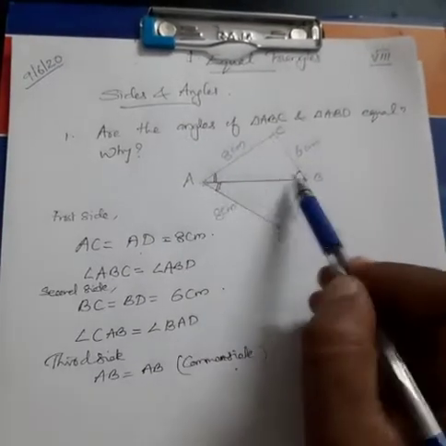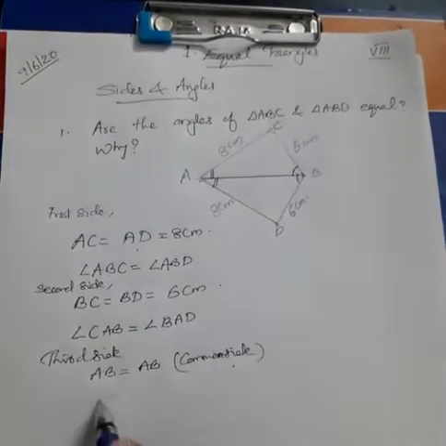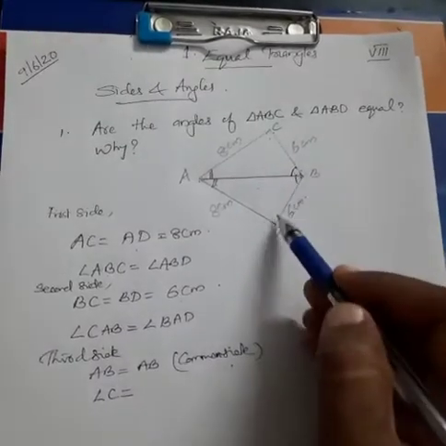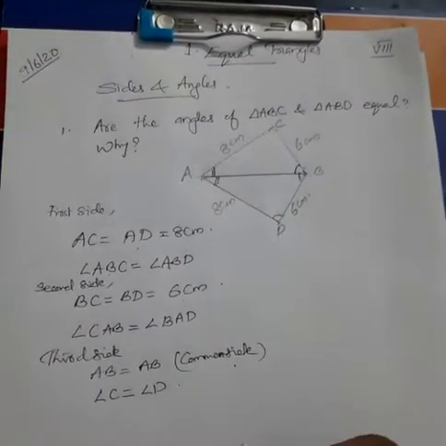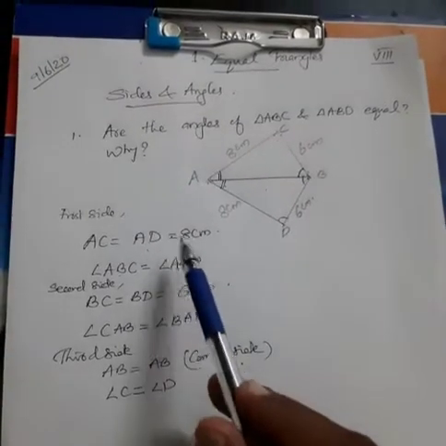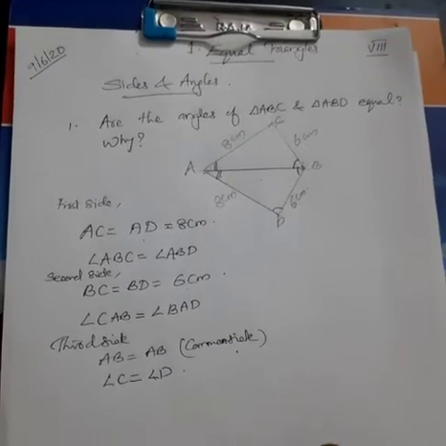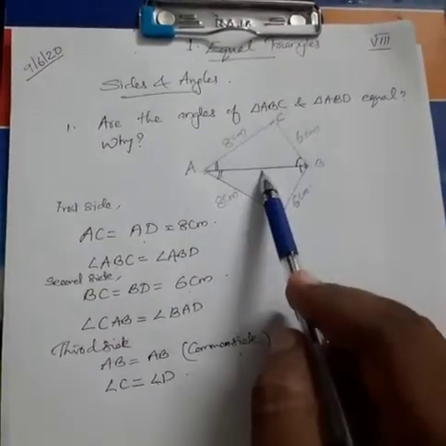So opposite of AB for the first triangle is angle C. So angle C is equal to the opposite of AB of the second triangle, angle D. If the sides are equal, the opposite angles are also equal. That is the reason why these two triangles are equal.